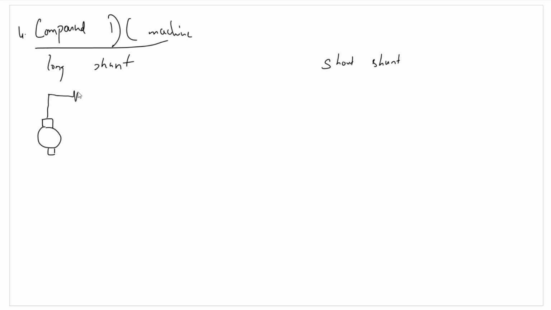So this is the armature winding, RA. I'm not going to represent LA here. There are two configurations. In the long shunt configuration, this is RF1, this is LF1, this will be RF2, this will be LF2.